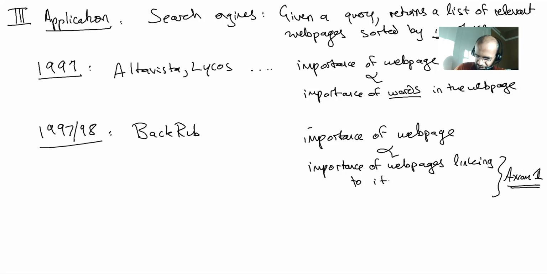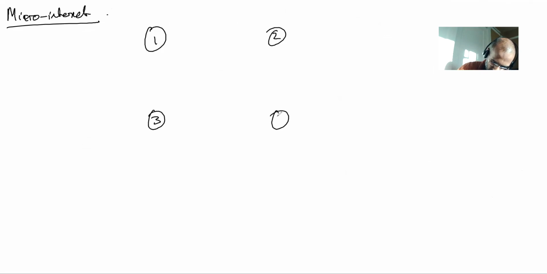Let me explain exactly what mathematical model they got. So here's a sort of micro internet. Suppose you have 4 web pages labeled 1, 2, 3, 4, and let's suppose these are the links between them.